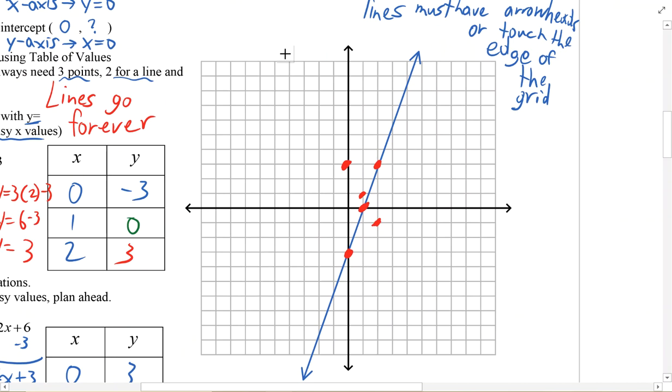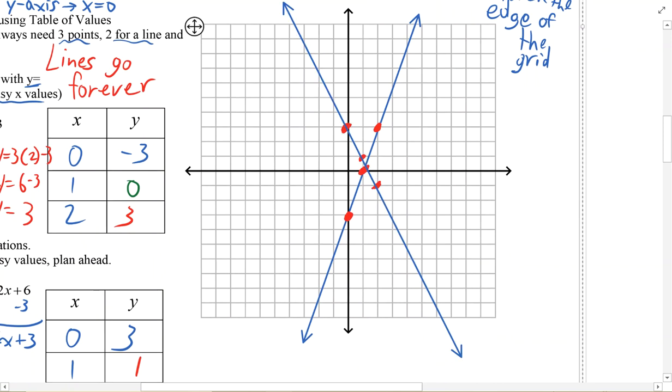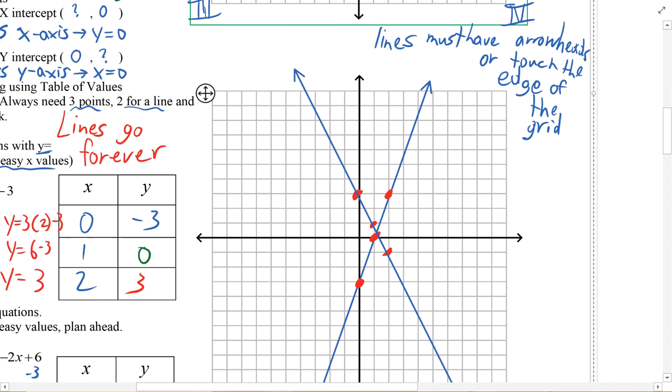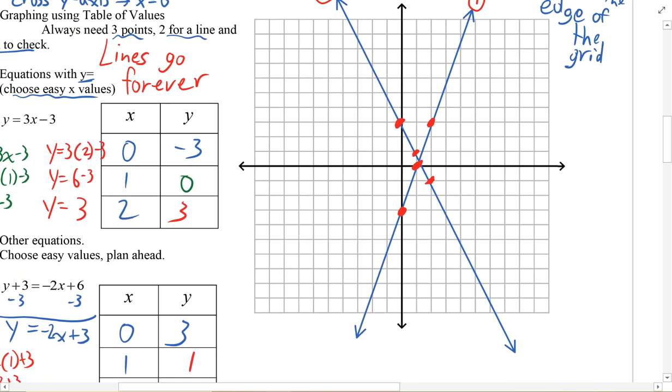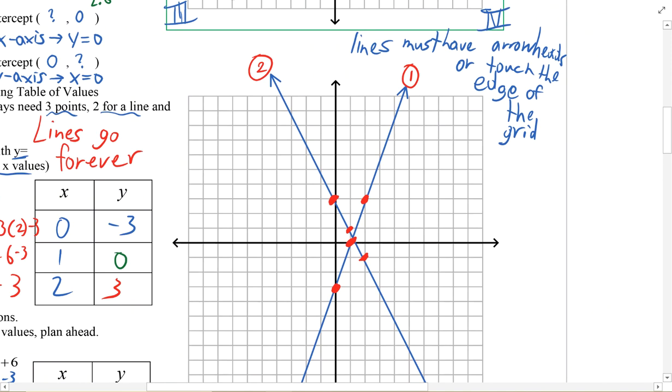And so you can see I always use arrowheads, and I always make long lines. Now I'm going to label it. This here is line 1, and this here is line 2. You could also use the equation as well, and other teachers prefer different methods, but for me, this is fine, labeling it 1 or 2.